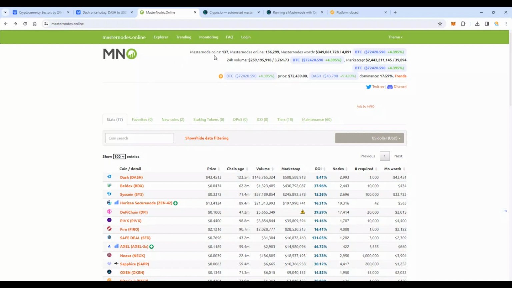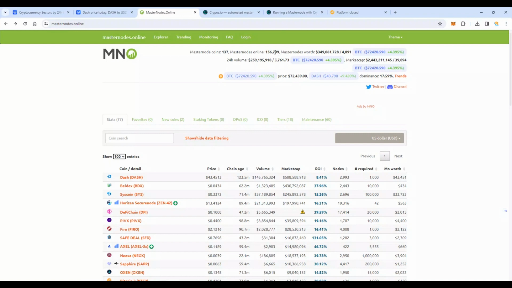And here you can see the masternode coins currently available on masternodes.online. We have around 137, and these are the coins. And the masternodes online now, you can see they are 156,000, the ones that are currently running.